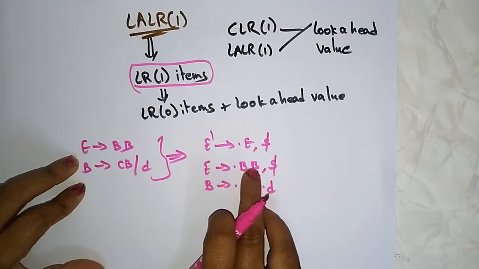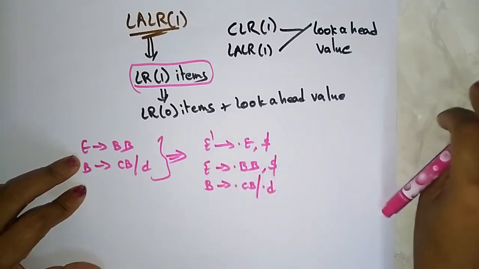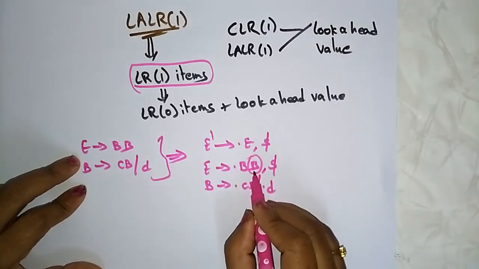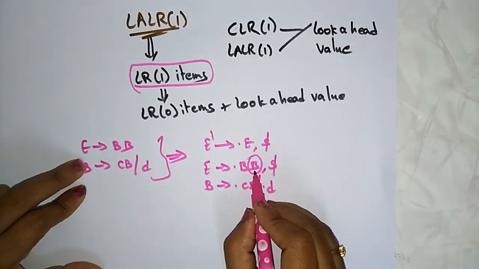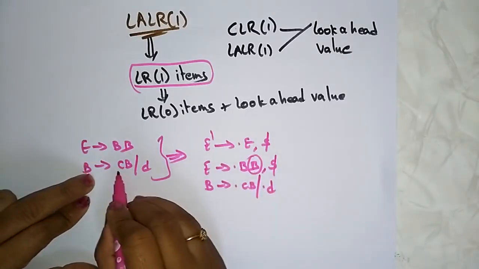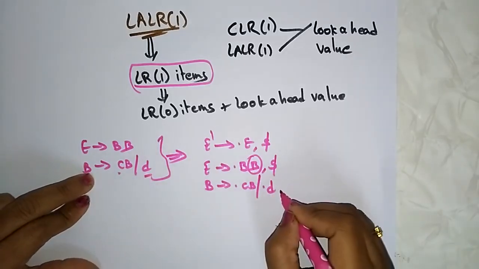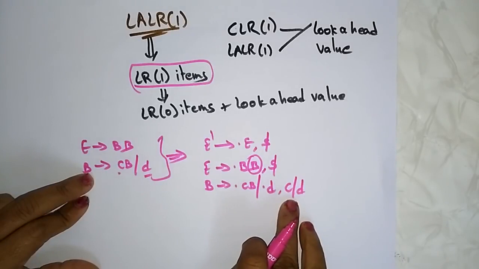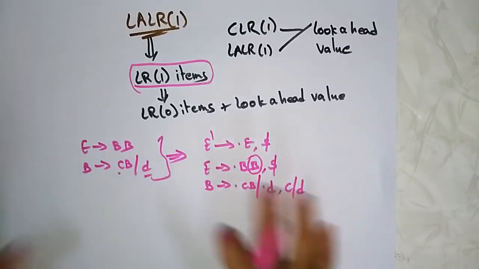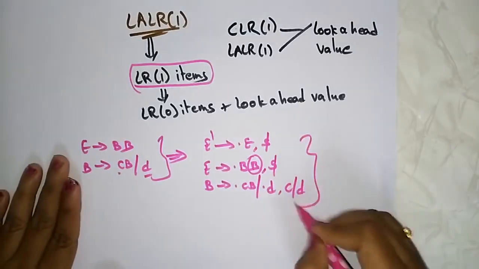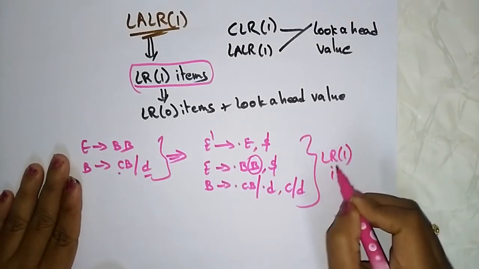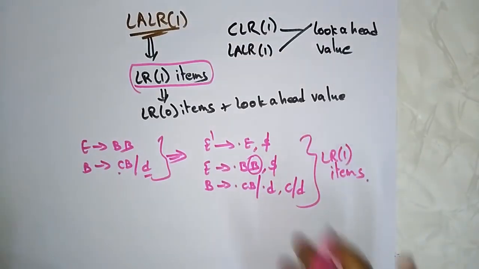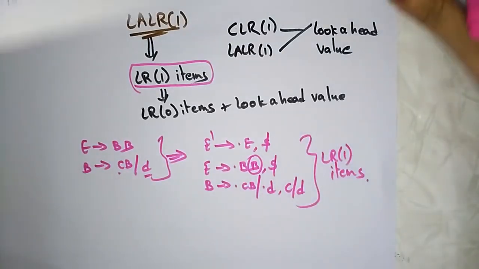Whenever there is again a non-terminal, you need to write the first of that non-terminal. The first of this non-terminal is C and D, so you write C/D. This is the look ahead value for this production. This is how you construct the LR1 items.